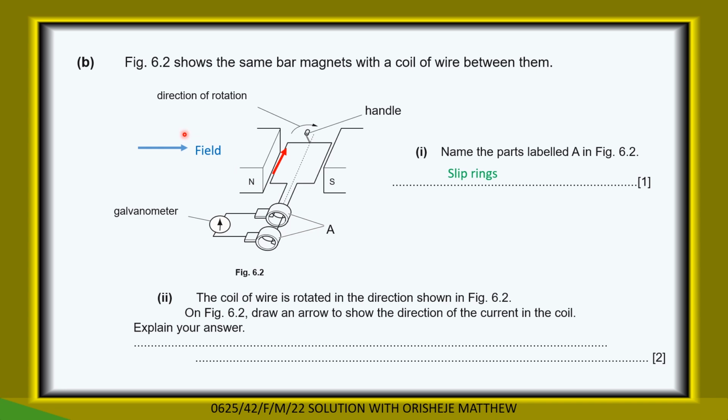The field goes from north to south and then the current flows in this direction. So what happens? You have your force going up, the field, and then the current. So that is it.